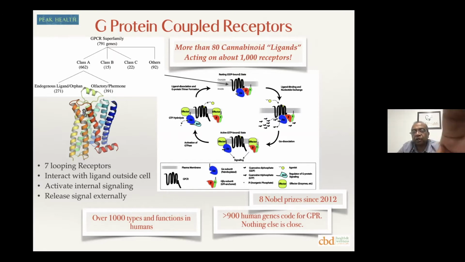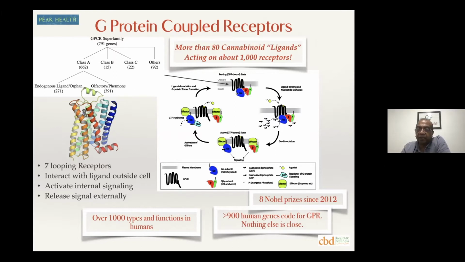But essentially, you have a ligand that comes from the outside and interacts with the tail on the outside of this G protein receptor. And based on which ligand it is, that very same receptor is going to behave differently.